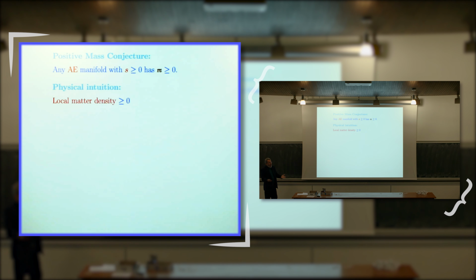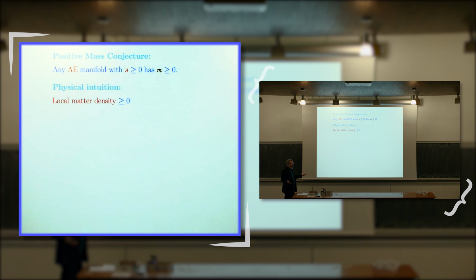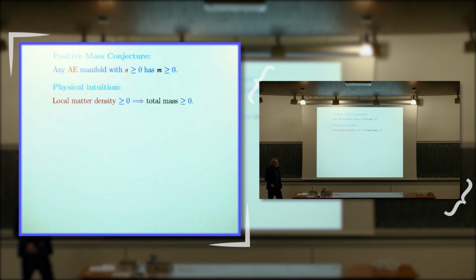It's saying that if you have a universe made up of locally attractive matter, so the matter density is non-negative everywhere, so the local gravitational effects are positive, then the net effect should also be positive. So the total mass should be greater than or equal to 0.